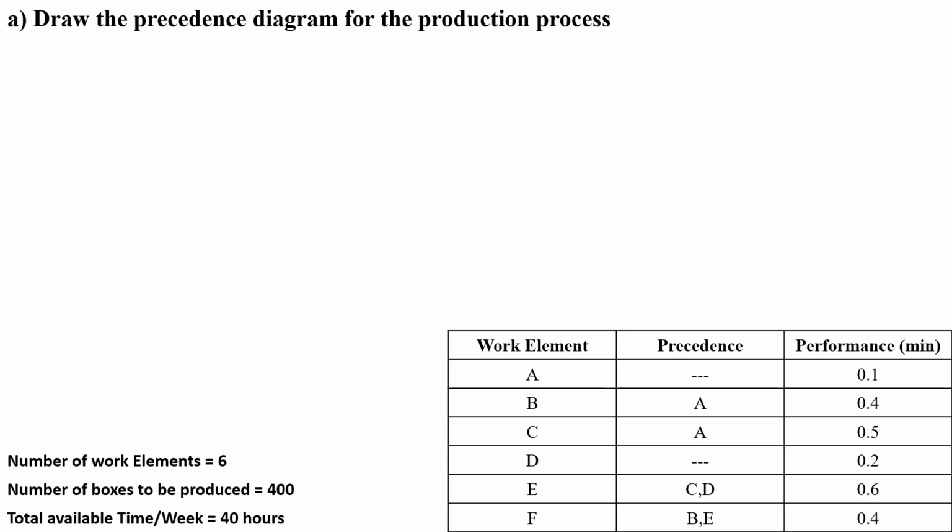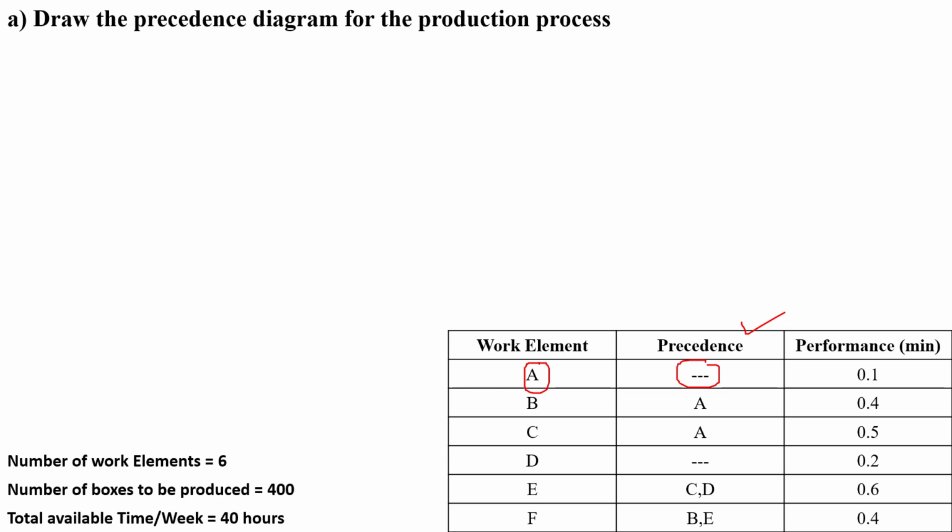First question is, draw the precedence diagram for the production process. So for this, observe the precedence relationship of each work element. First, observe the work element A. For the work element A, there is no precedence relation, so it starts independently.